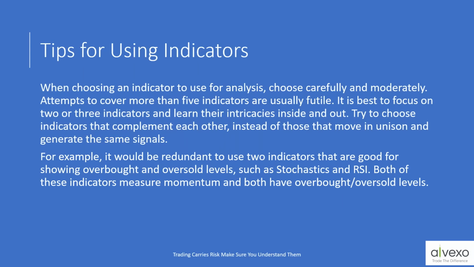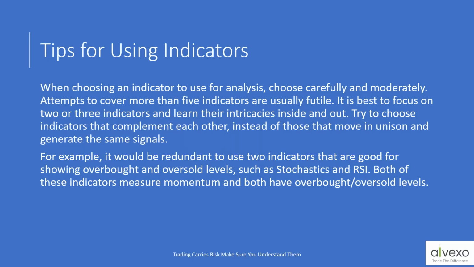One of the most important reasons you should understand the types of indicators is that when choosing an indicator for use in analysis, you should choose carefully and moderately. Attempts to cover more than 5 indicators are usually futile. It is best to focus on 2 or 3 indicators and learn their intricacies inside and out.